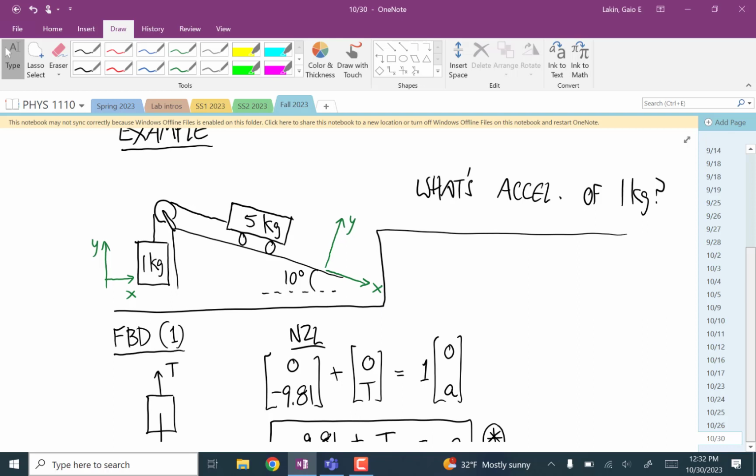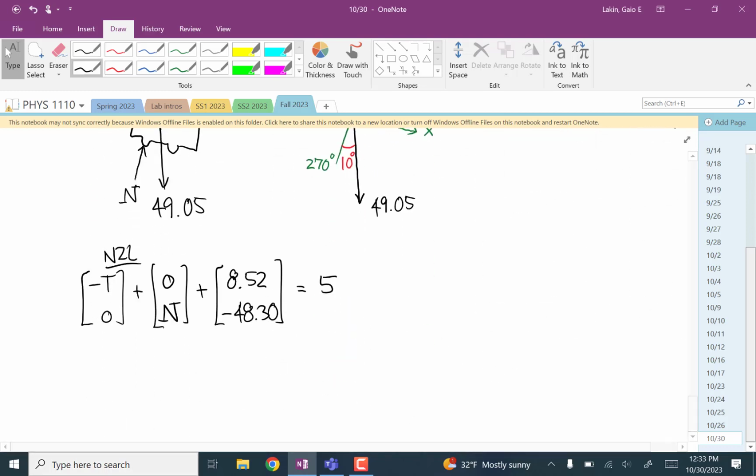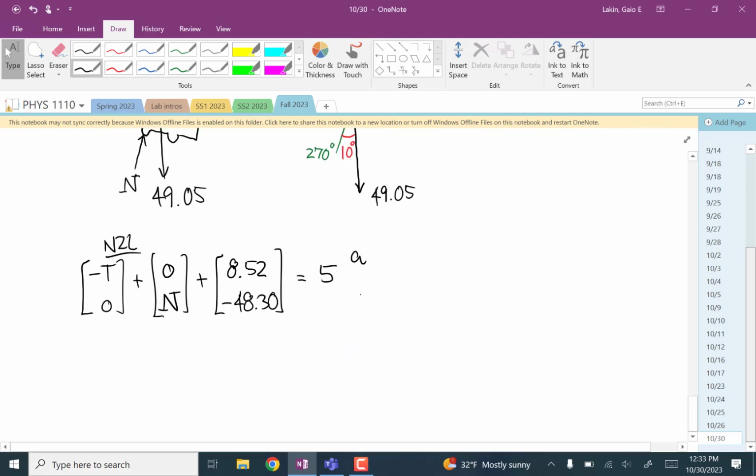So what we're imagining is the 1 kilogram mass moving an inch up. Where would the 5 kilogram mass move? Yeah, it would move down and to the right, which is its positive x direction. And since a positive motion of the 1 corresponds to a positive motion of the 5, we're just going to write this as a, 0.